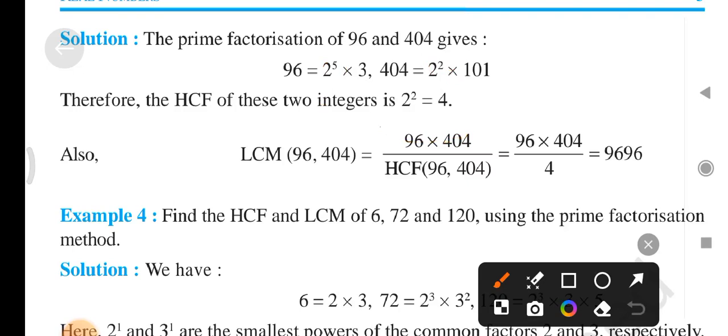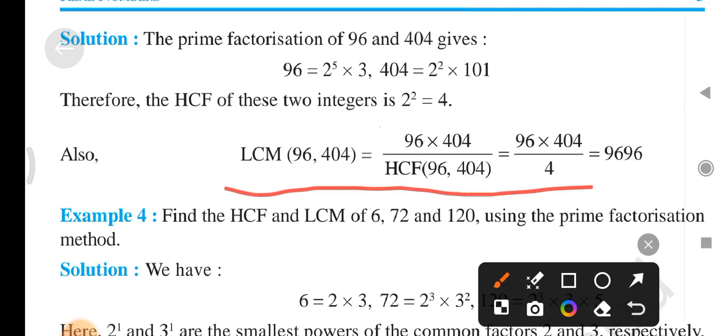Also, LCM of 96, 404 is equal to 96 into 404 by the highest common factor of 96, 404.